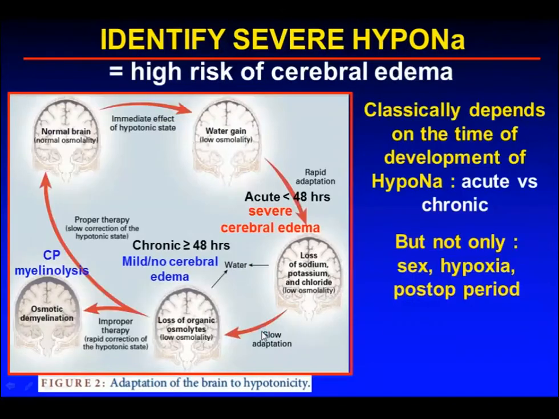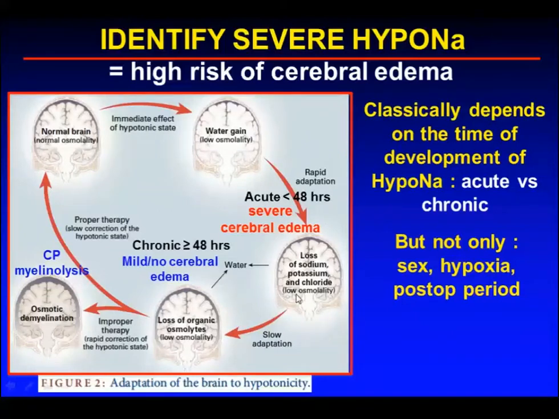The second step is to identify the severity of hyponatremia. And in this case, you have a high risk of cerebral edema. As you know, the brain can adapt to modifications in tonicity, and this is called cerebral osmoregulation.